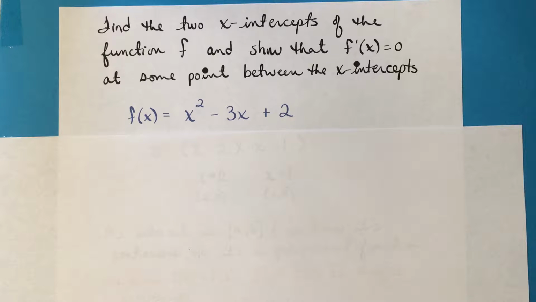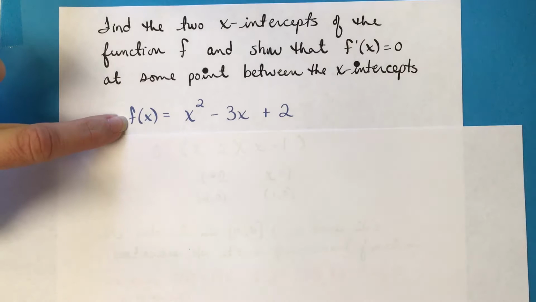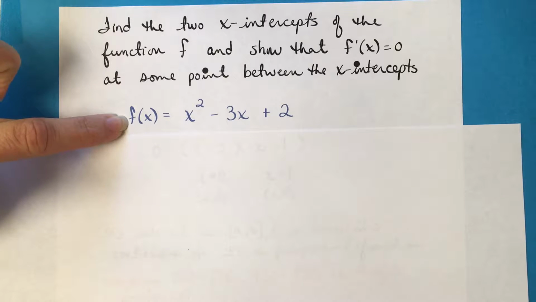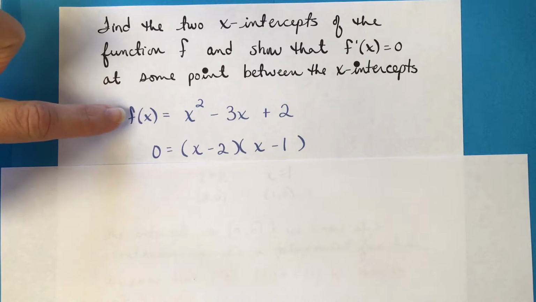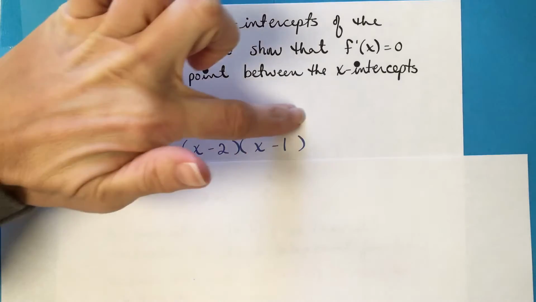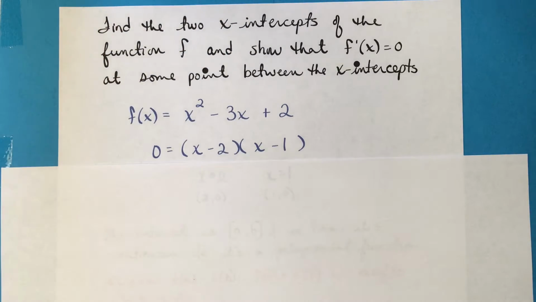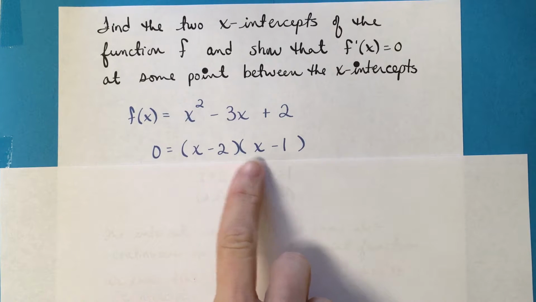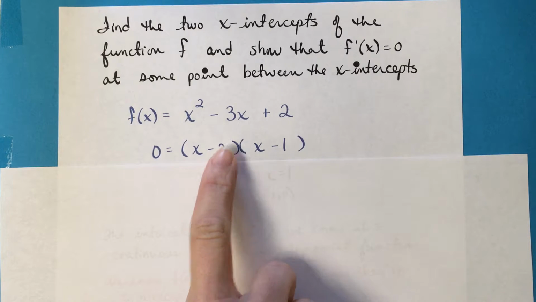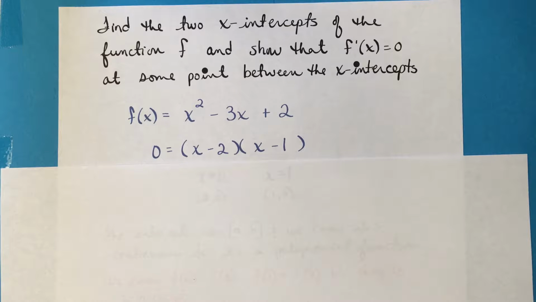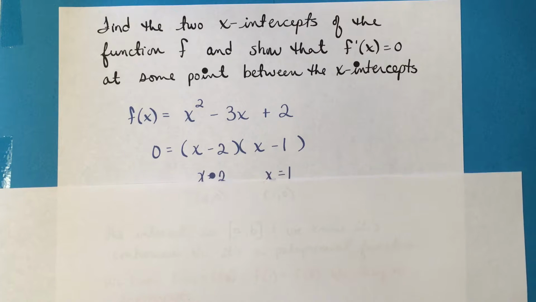If you remember, to find x-intercepts, you can let y equal 0. Of course, f of x is the same thing as y. So that means we're going to set this quadratic equal to 0. I did that, and at the same time I went ahead and factored it, because that's what you'll need to do to find the values that make it equal to 0.